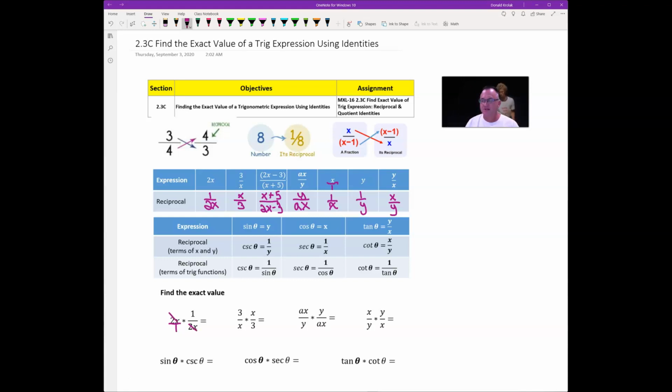So those cancel to 1, and I'm left with 1. Same thing here. These would cancel to 1, these would cancel to 1, and I'm left with 1. So a number or a value or an expression multiplied by its reciprocal becomes 1.